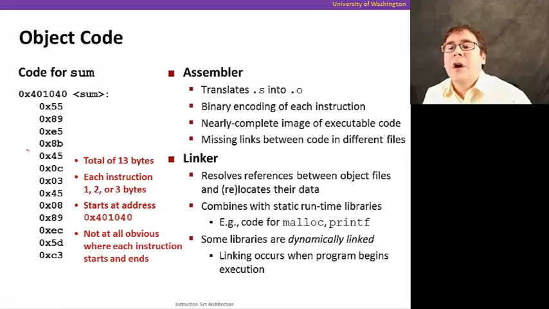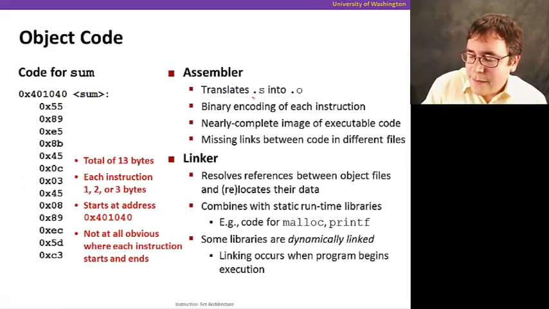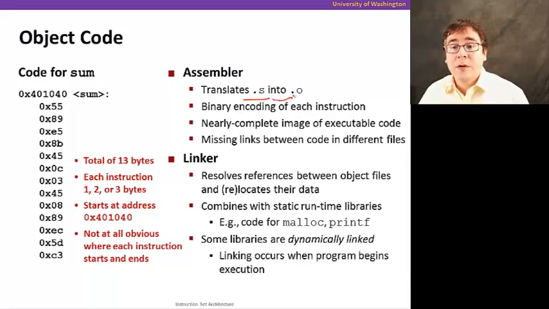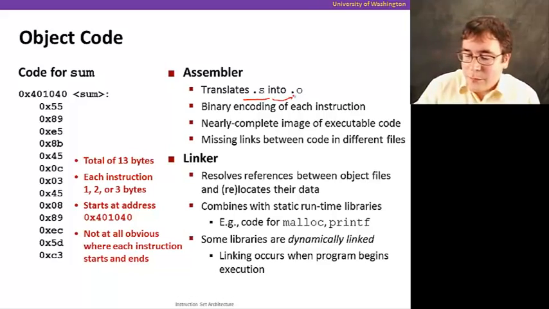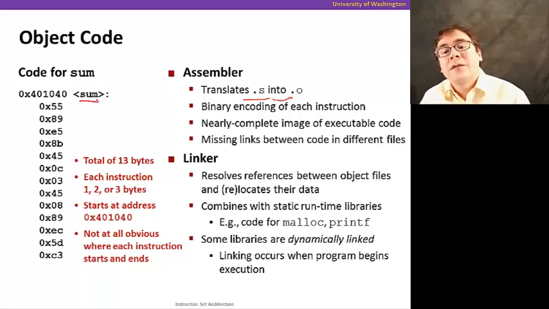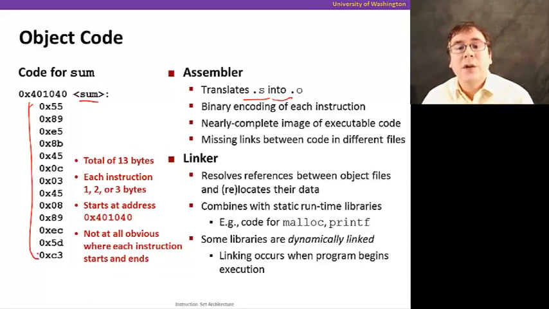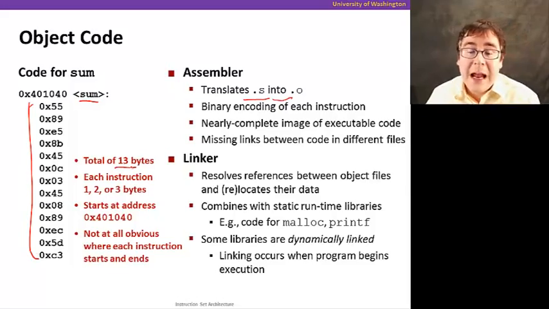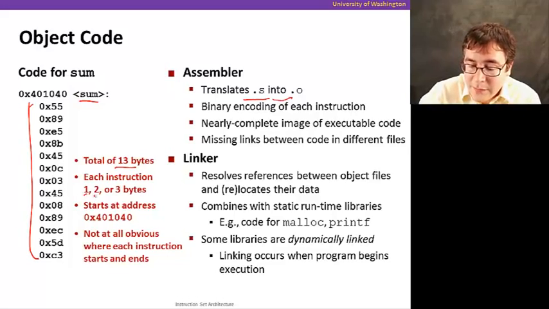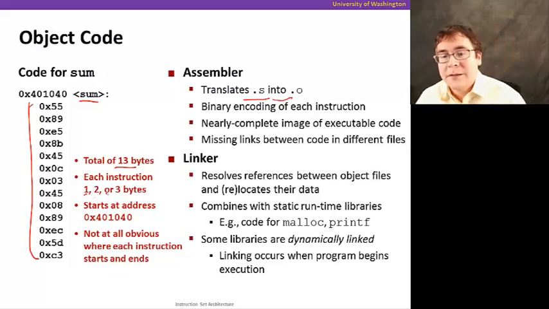We talked about object code before. Remember that the assembler translates assembly code into object code, binary code. Here's an example: remember the sum function that we just saw that adds two numbers? These are the bytes that compose the machine code for the sum function. This happens to be a total of 13 bytes, with a bunch of instructions encoded there. Some instructions take only 1 byte, others take 2 bytes, others 3 bytes, and so on.